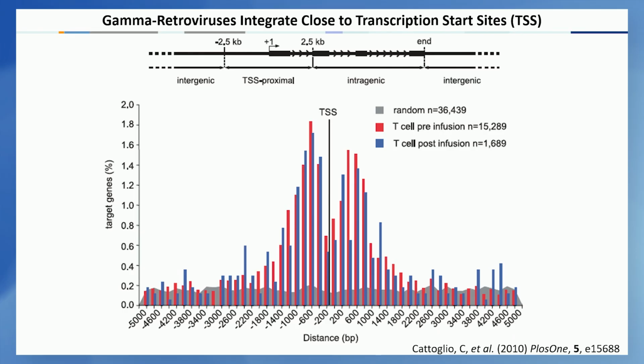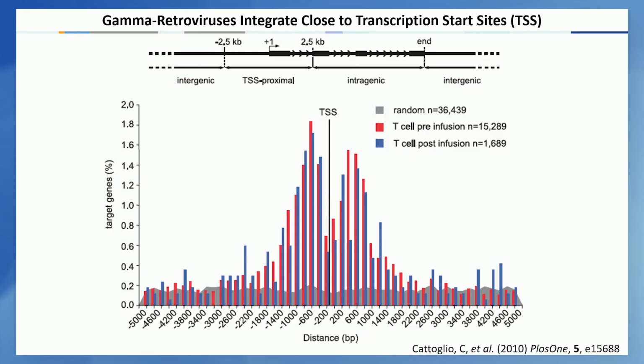The blue bars show integration sites of T cells after transplantation of the stem cells into this patient, and T cells before infusion. This means that the LTRs of the integrated retroviruses also influence expression of the gene next to where they're integrated.